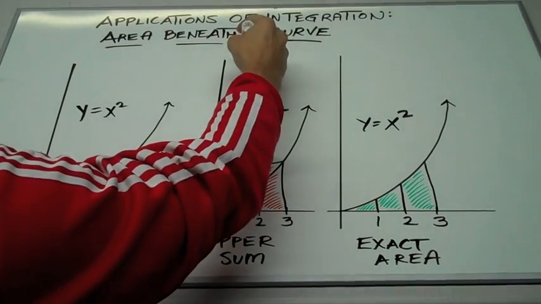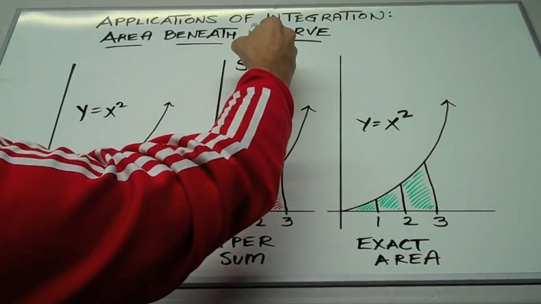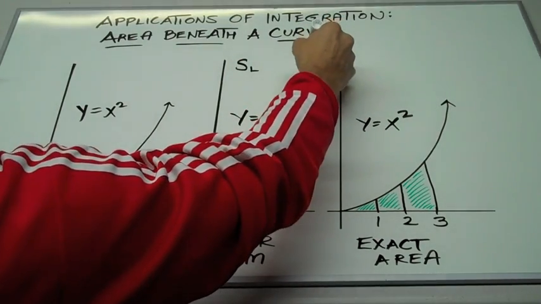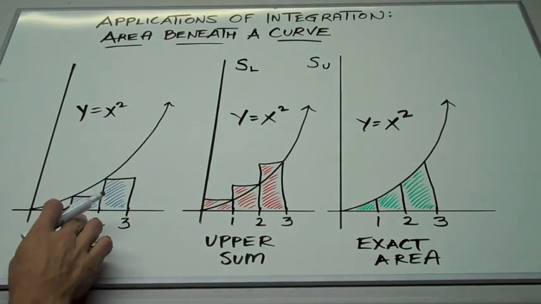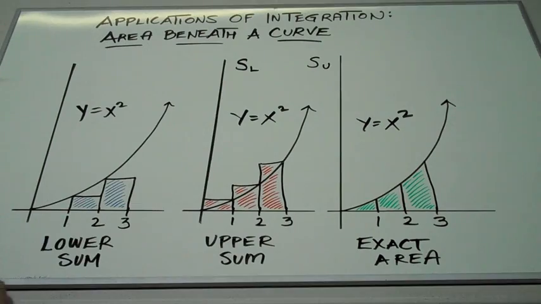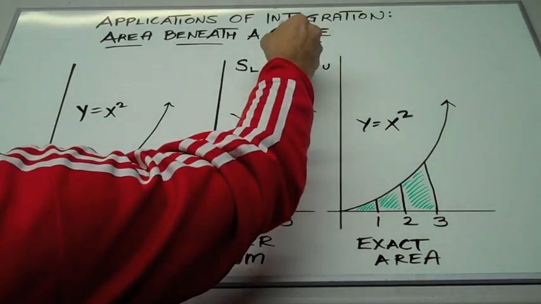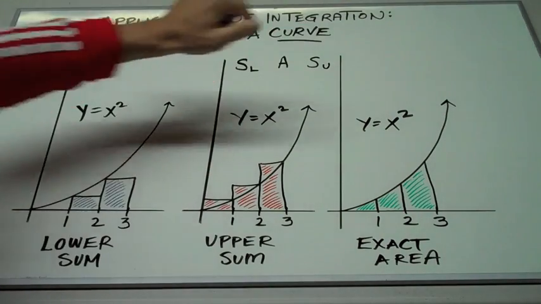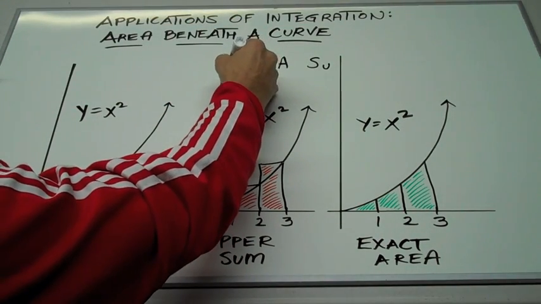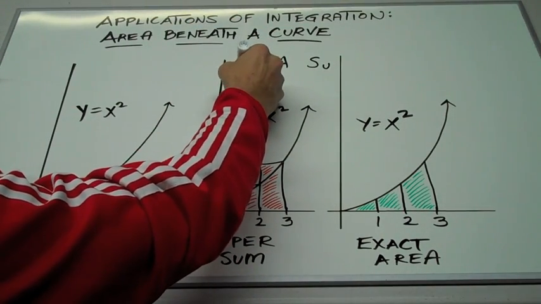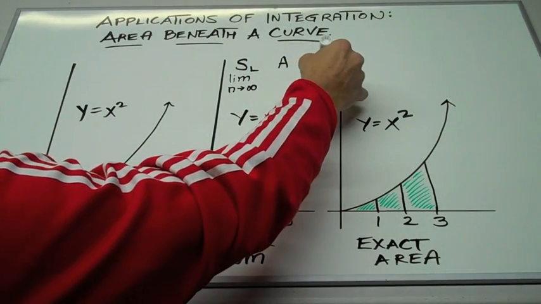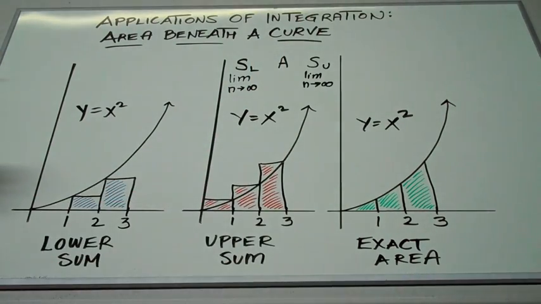So we can say that the lower sum, or the sum of the lower rectangles, and the sum of the upper rectangles, here are our lower rectangles and here are the upper rectangles, we have the exact area right in the middle between them. But if I take the limit of n going to infinity, what is n? n is the number of rectangles.